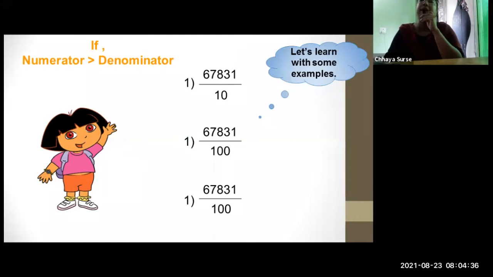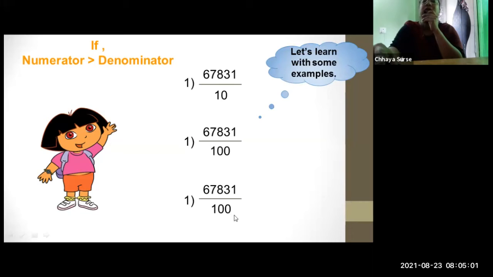Now see some examples. I have given some examples here. The first number is 67,831 upon 10. The next one is 67,831 upon 100.